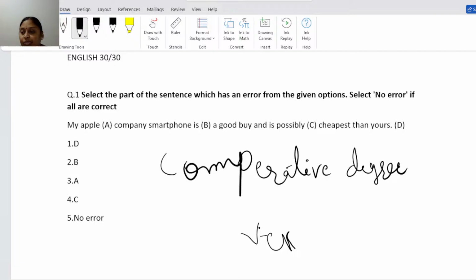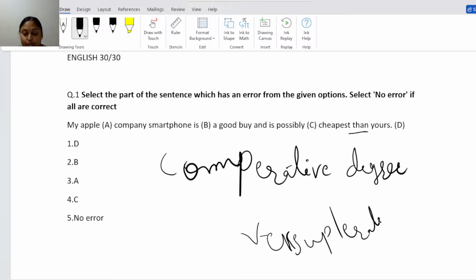In some cases, along with the word ending in er, we can also see that than is used. This comes under the comparative degree. Here cheapest is given, and cheapest comes under the superlative degree.